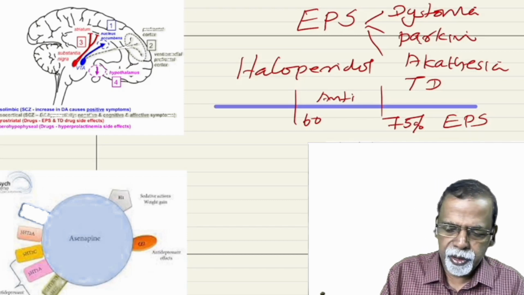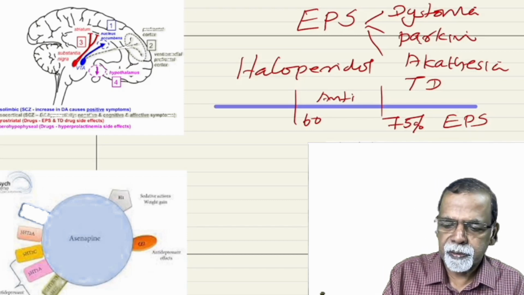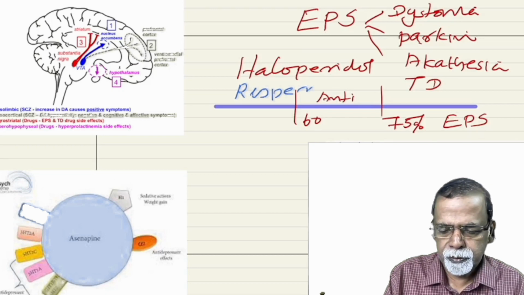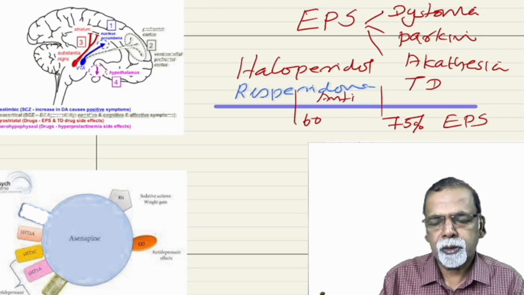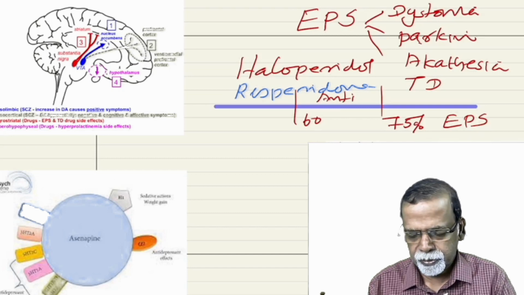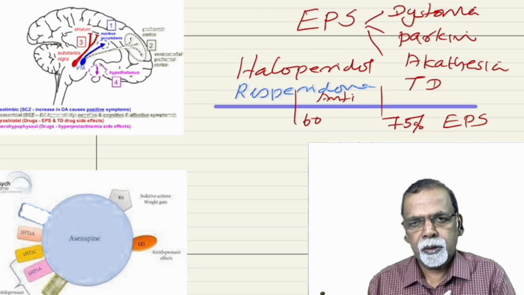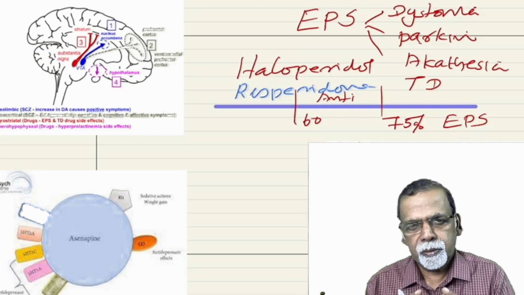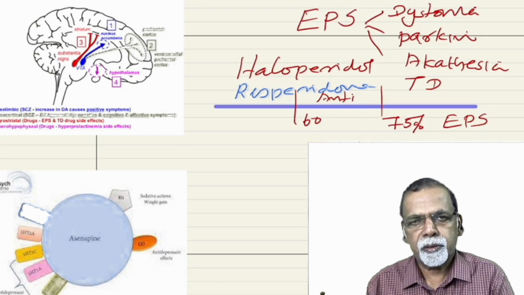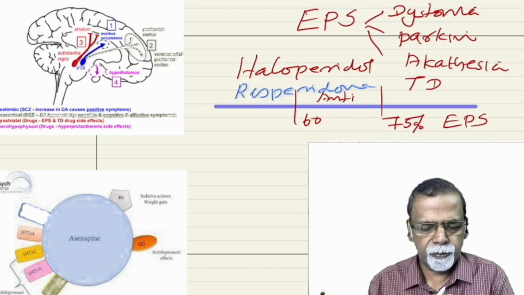And risperidone, among the atypical drugs, is also well known to produce extrapyramidal reactions. The dosage and individual drugs we will discuss at another time.